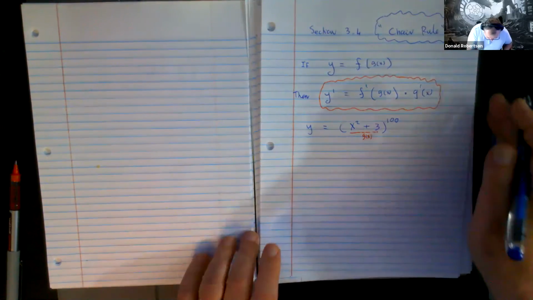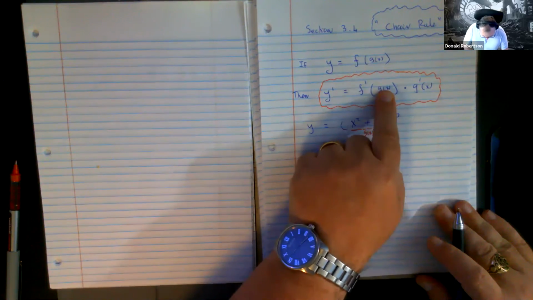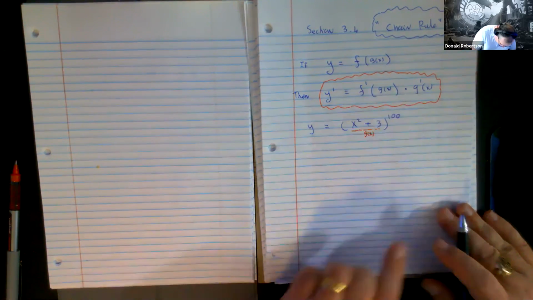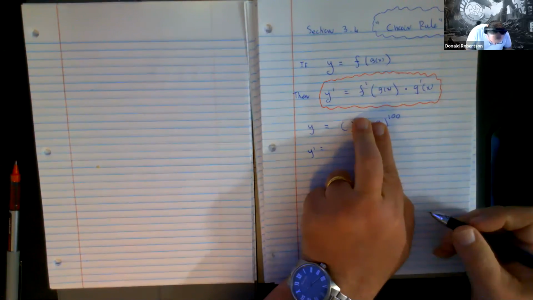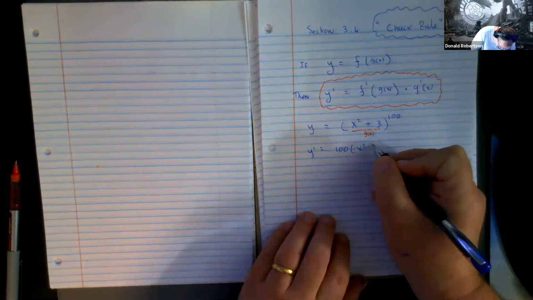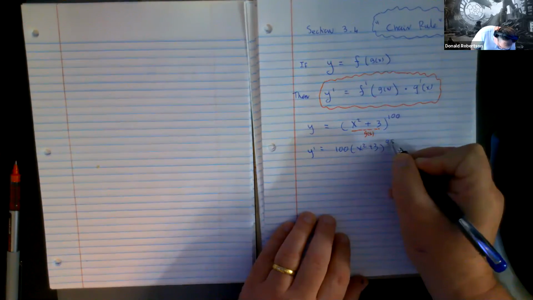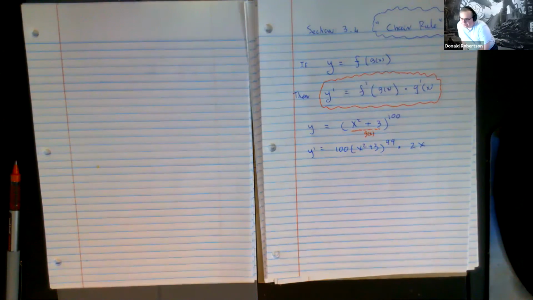So according to the chain rule, its derivative is the derivative of that something times this guy. So here goes. The derivative of something to the 100 is 100 somethings to the power of 99 times the derivative of the something.